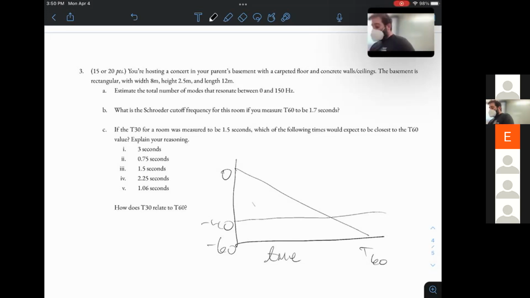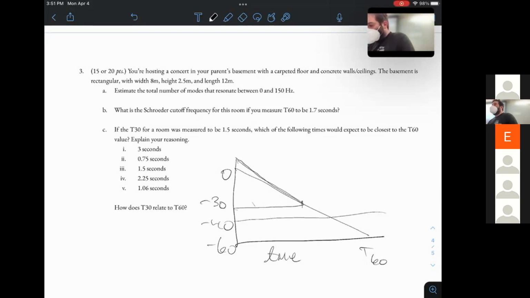Okay, cool. So what I do is, here's -30, right? I find this value right here in time, and I double it. You see what I'm saying? Right? My T30 still ends up being my T60 or close to it, but it's an estimation, right? And if that slope changed, if it was like this, right?